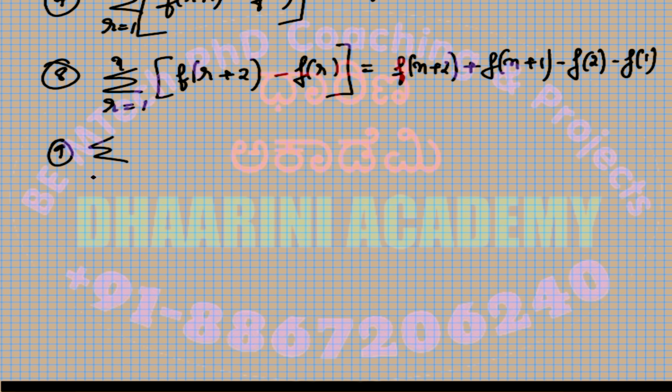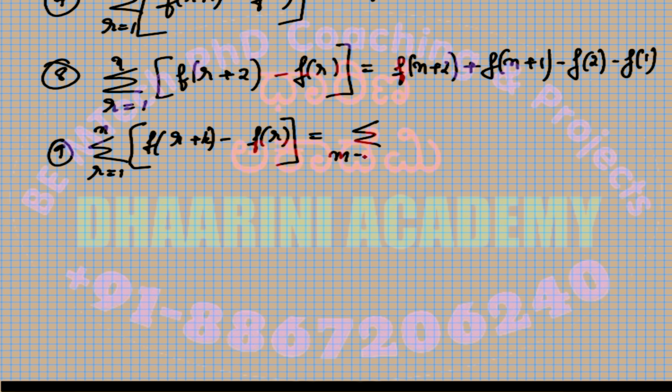If we write summation r is equal to 1 to n of f of r plus k minus f of r, I can simply replace this as the summation m is equal to 1 till k of f of n plus m minus the summation m is equal to 1 to k of f of n.